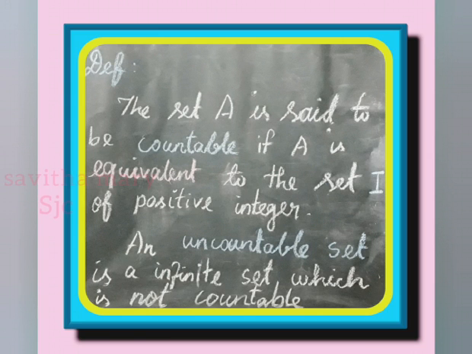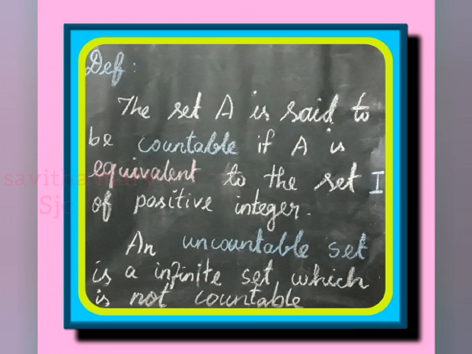Now we see the main definition, countable. A set is countable if it has a finite size, or there is a one-to-one correspondence with the natural numbers, or positive integers, represented by I. That is, we have to show the elements of the set can be put in order so that no element will ever be repeated and no element will ever be missed out.